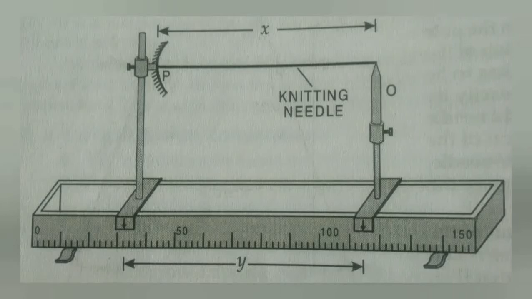The difference in the readings of the two uprights over the scale of the optical bench gives the observed length, y, of the knitting needle when held between the concave mirror or the convex lens and the object needle. So the index correction for the observed object distance would be x minus y.